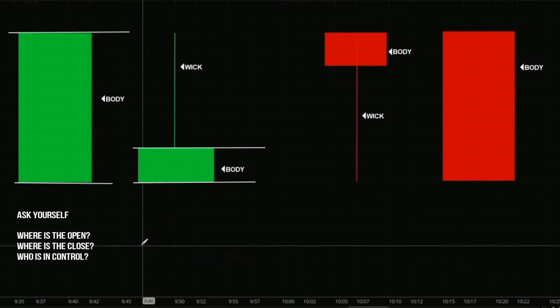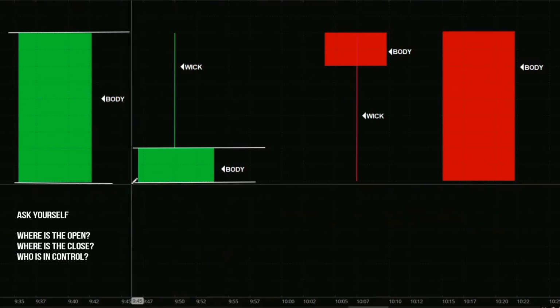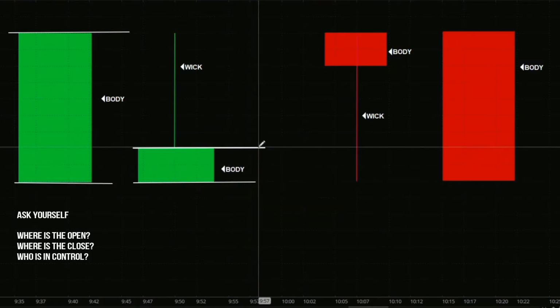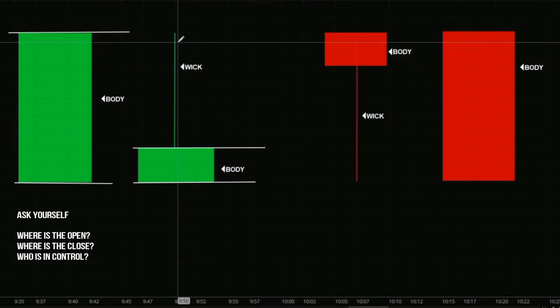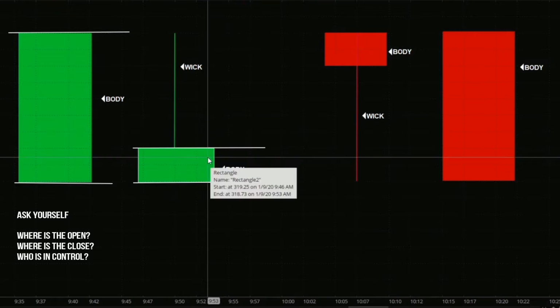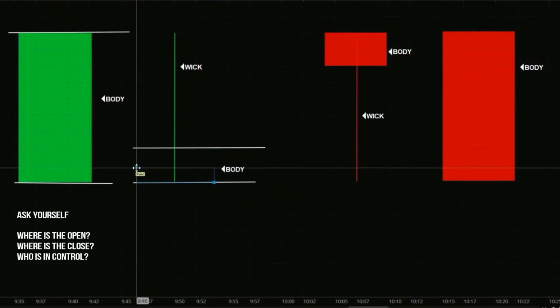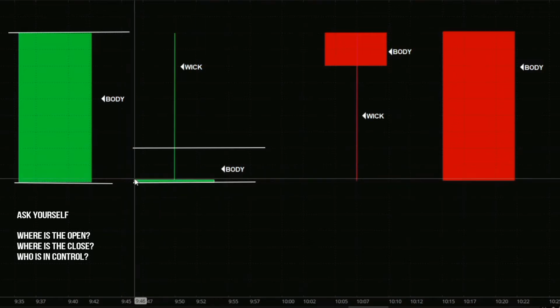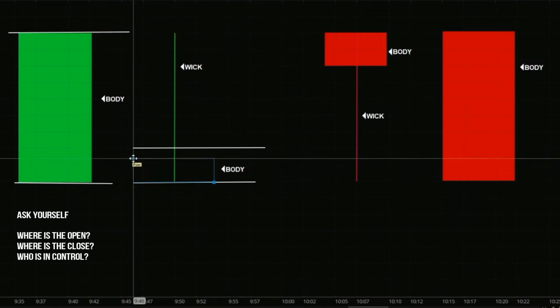Well, let's learn to read the candle. The open is here, represented by this white line. The close is here. Because this wick is here, the wick is telling us the story that when the candle opened, it was very small and looked something like this, and buyers stepped in. They were buying.